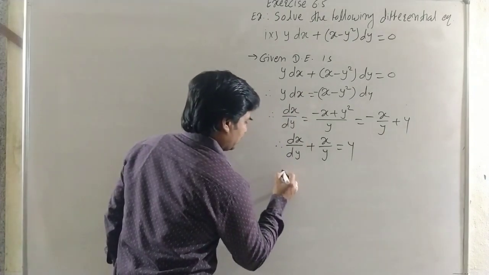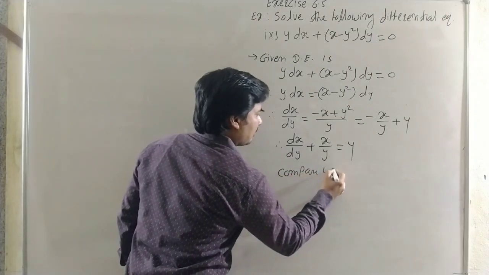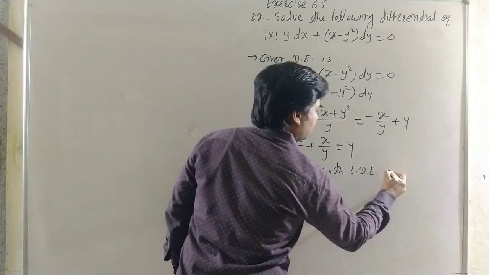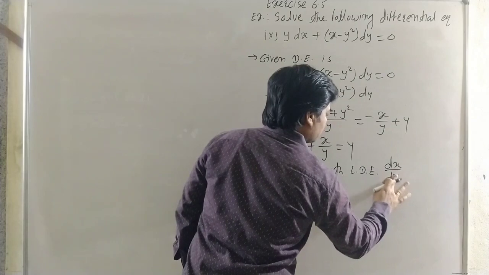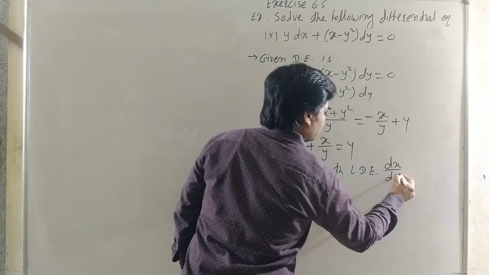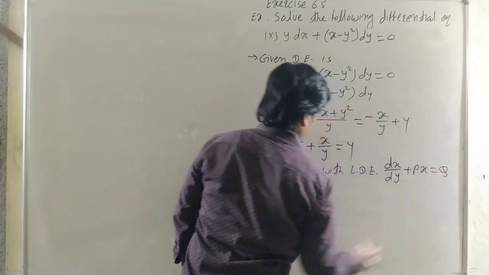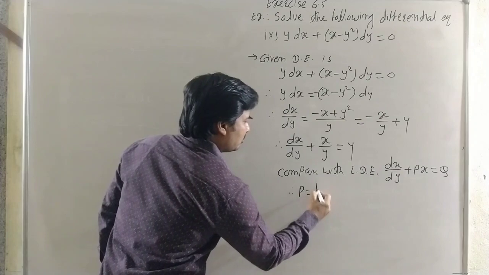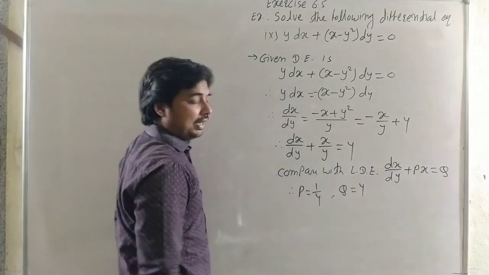So compare with the linear differential equation dx by dy plus px is equal to q. Here p is equal to 1 by y and q is equal to y.